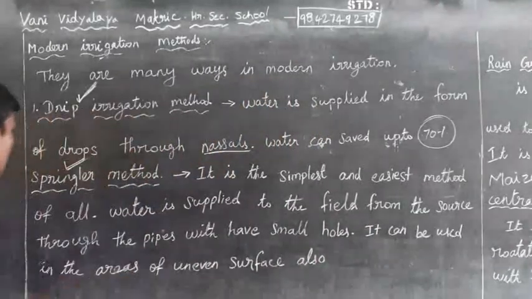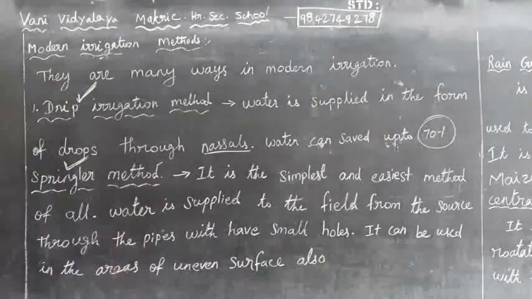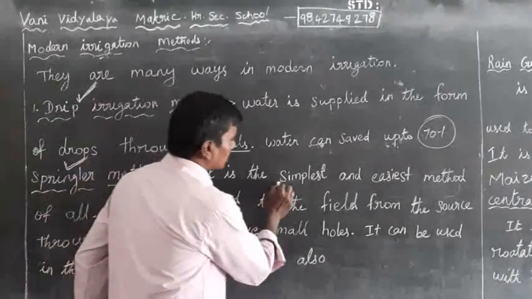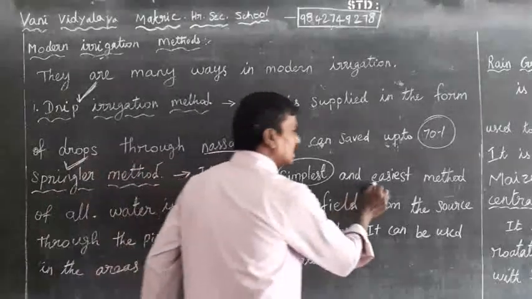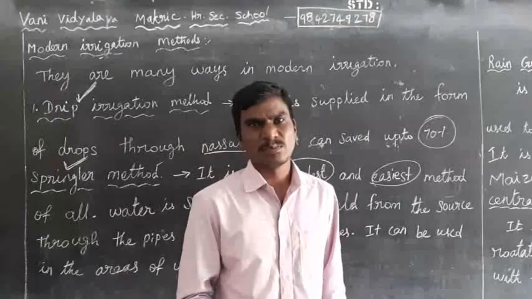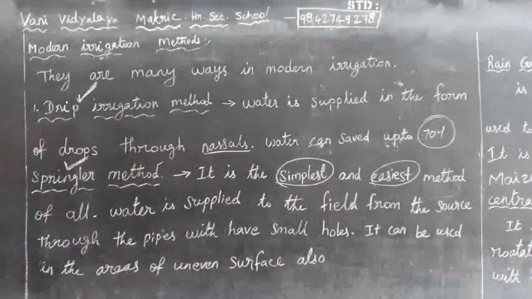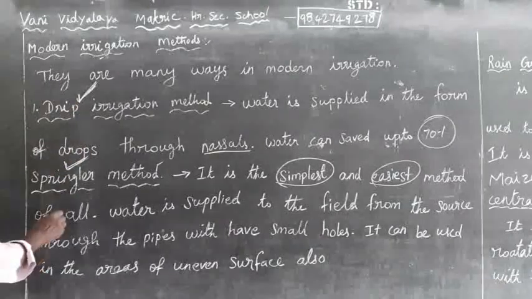The second one is the sprinkler method. It is the simplest and easiest method of all.